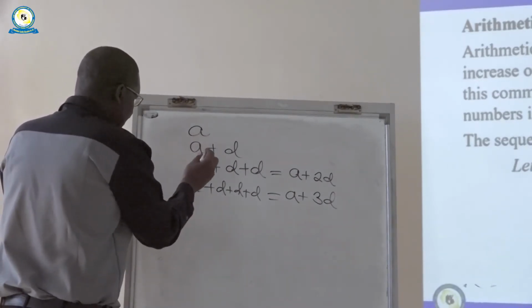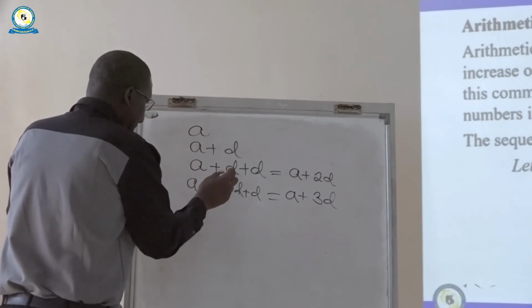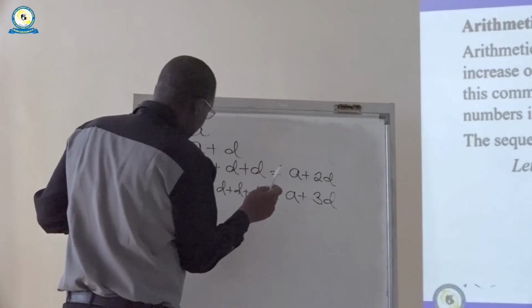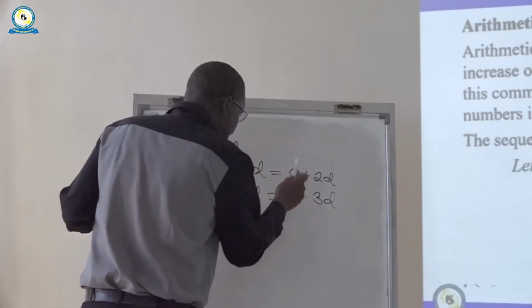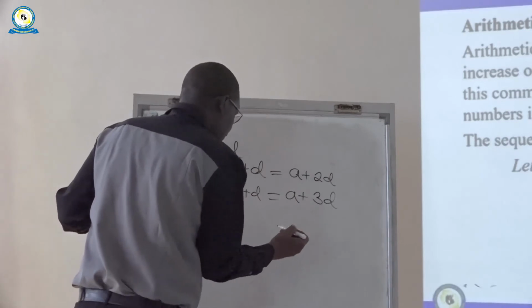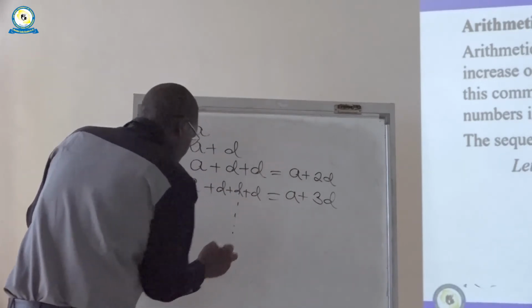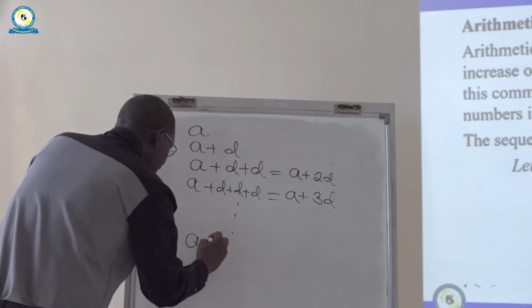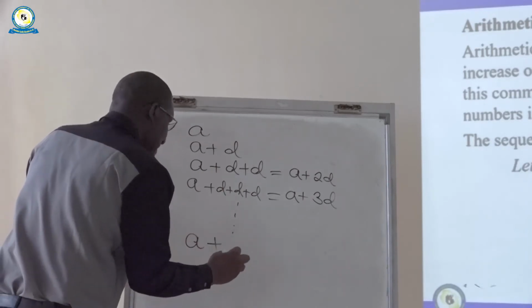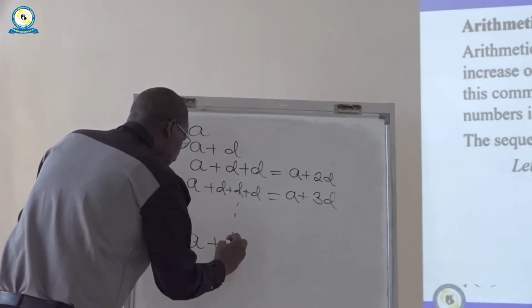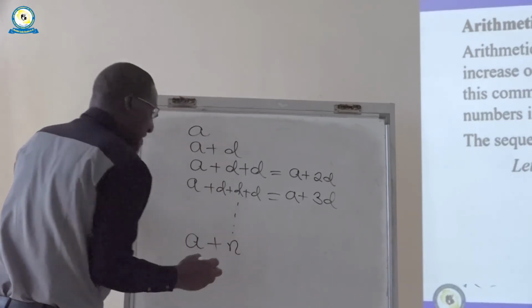The first one, the second one, the third one, the fourth one. You may find that there is a link between the term number and the number of D's added. So if you are going up to the nth term, it will be A plus something.